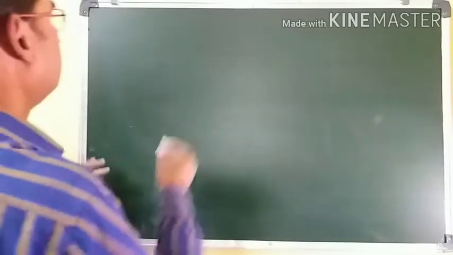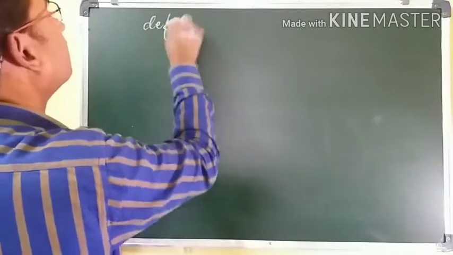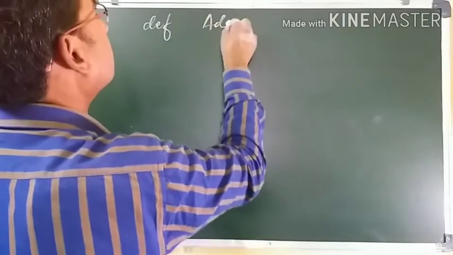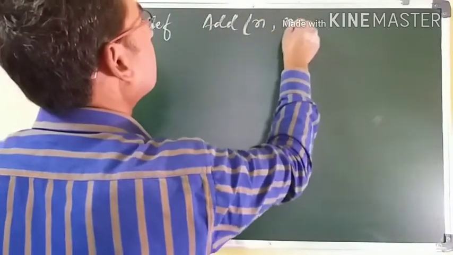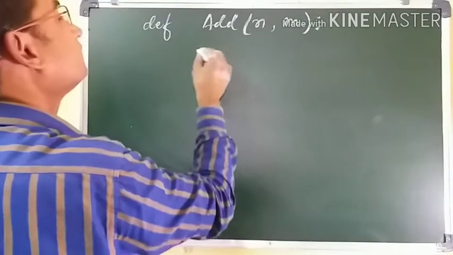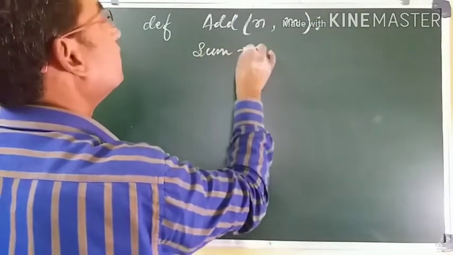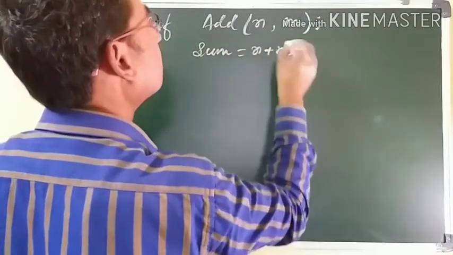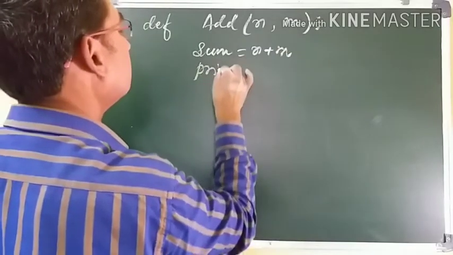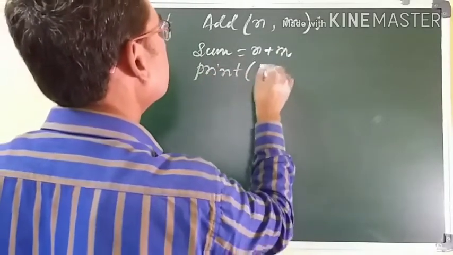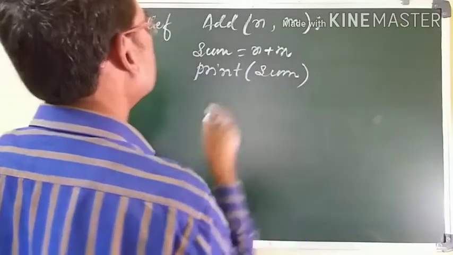I am writing another example here, a small function. I am writing here add n m. In this there are two parameters. Print sum.